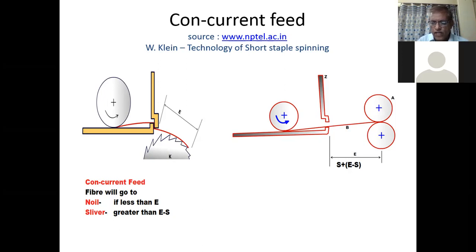It means fibers longer than E minus S may go to sliver. So we can conclude from these diagrams that if fiber length is less than E, it may go to noil, and if fiber length is greater than E minus S, it may go to sliver.